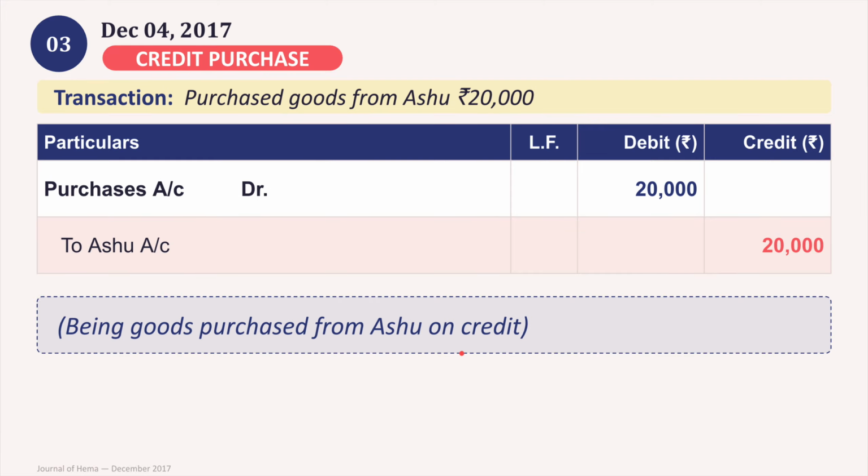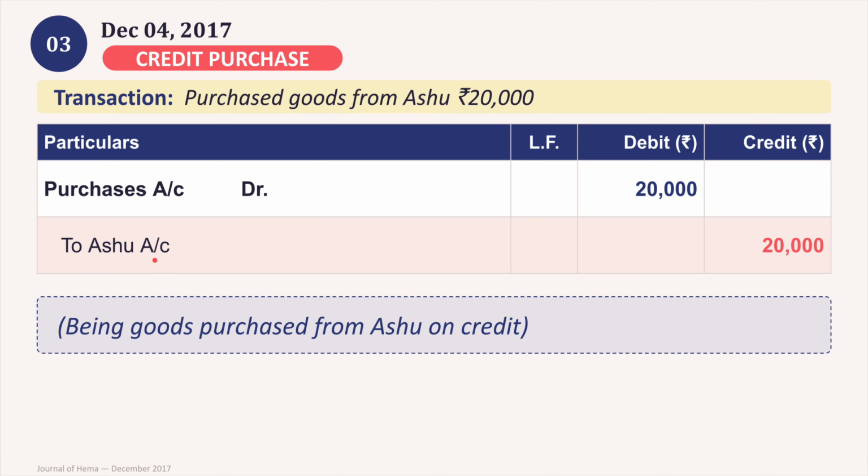Next, purchased goods from Ashu 20,000. So this is a credit purchase. Why? Name of the seller is mentioned. So we will debit purchase account because goods are coming in. Ashu is a creditor for us.